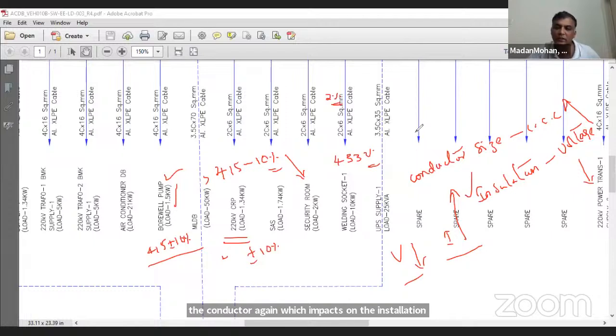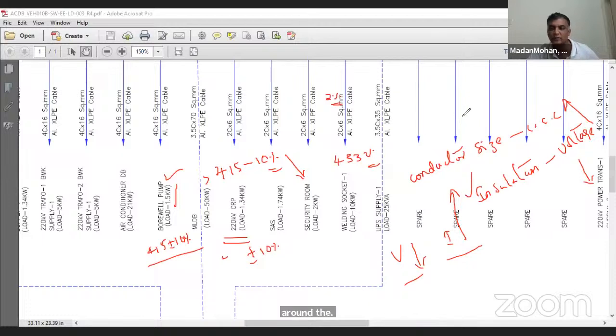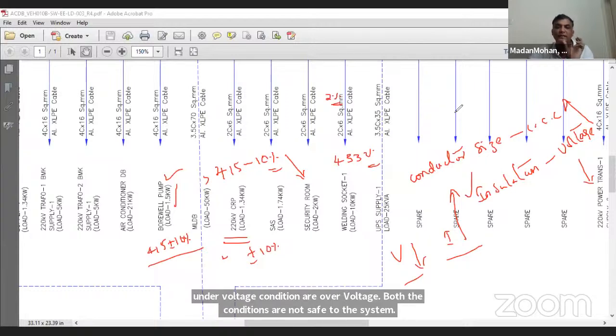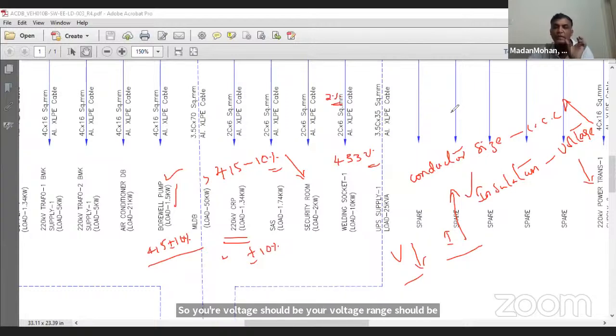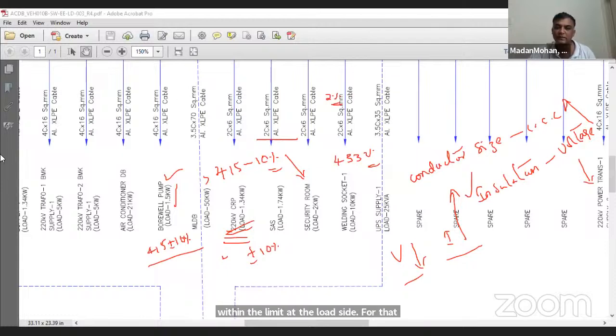Ultimately, under voltage or over voltage condition, both are not safe for the system. So your voltage range should be within the limits. To keep the voltage within the limits, we make sure the voltage drop is within the limit at the load side. For that, we do the voltage drop calculations.